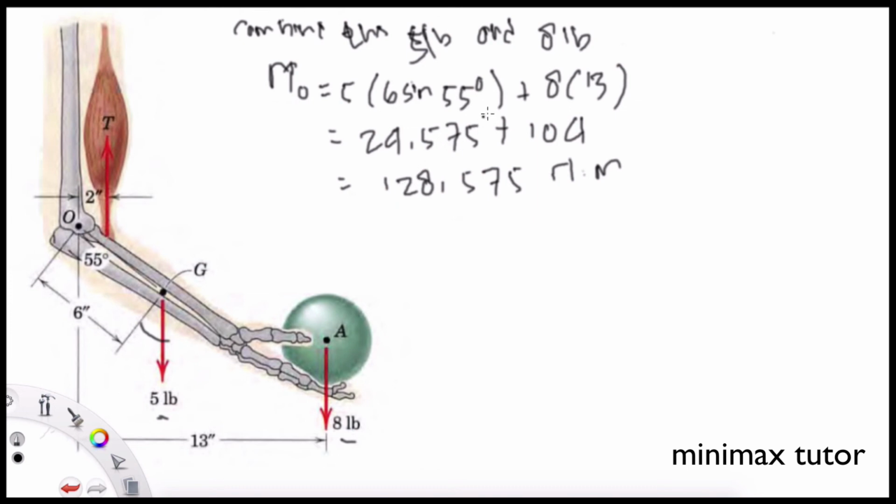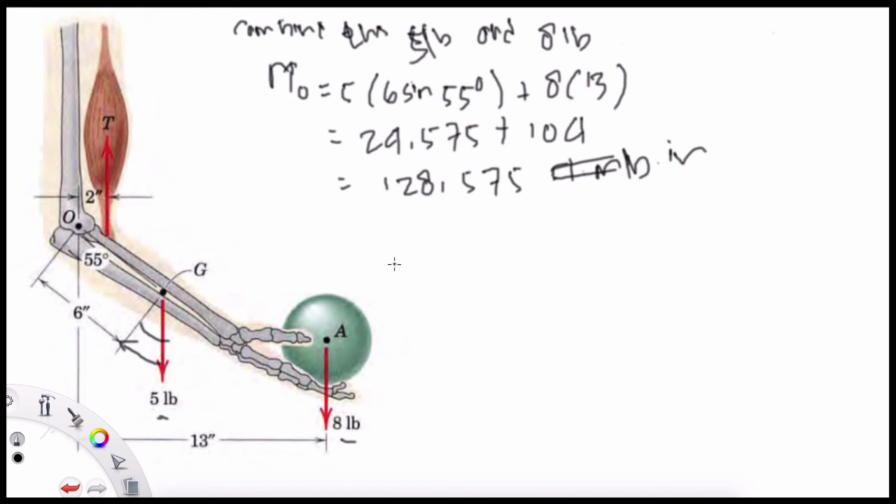So you have to calculate the angle here, the projection from this to this one. And then 8 times 13, because in the normal direction we can directly multiply 8 times 13, and we will get 128,575 pound inch.